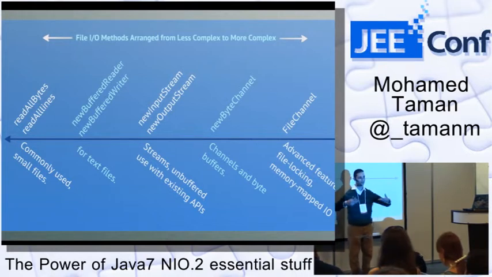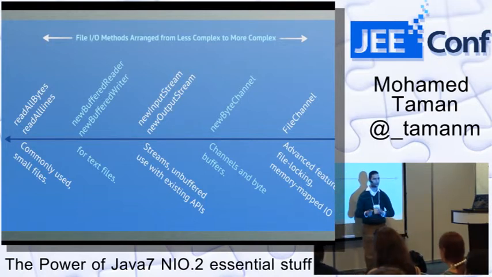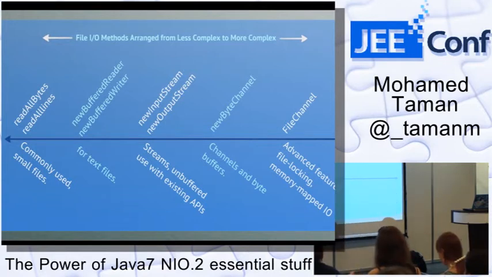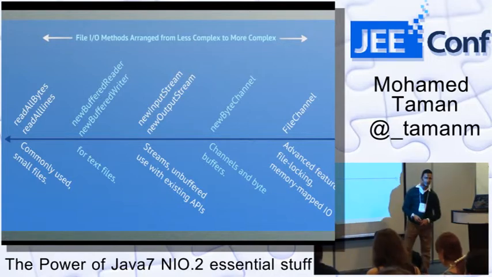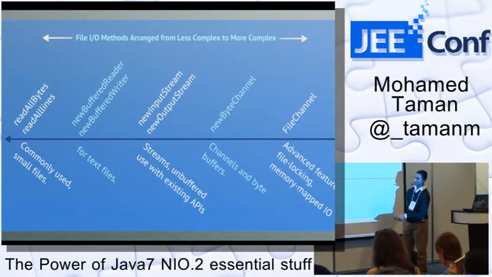Doing it with an input stream, you give it the file, then an input reader for character and locale, then iterate with a while loop, then finalize and give me the output. In one line, just Files.readAllLines, give the path of the file, and it will return an ArrayList of strings. This is commonly used for small files.